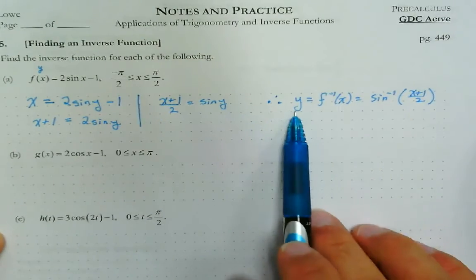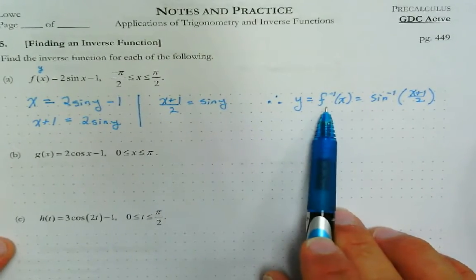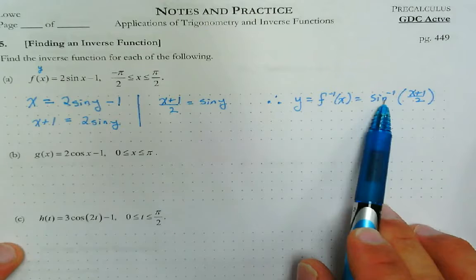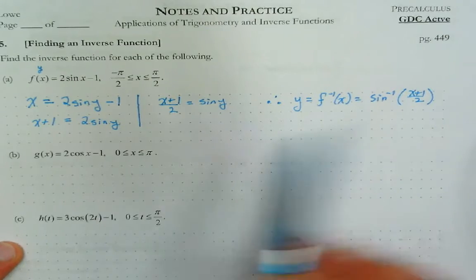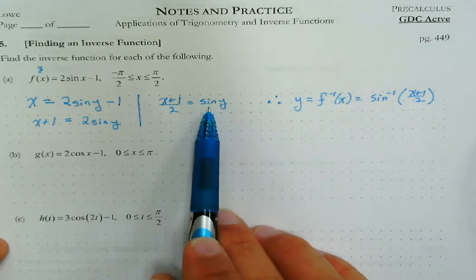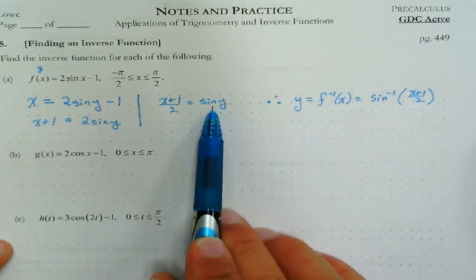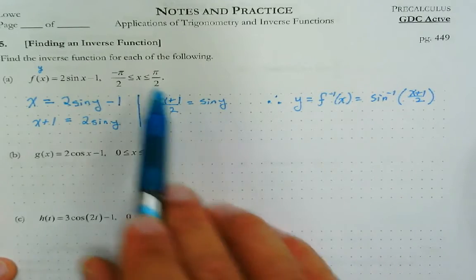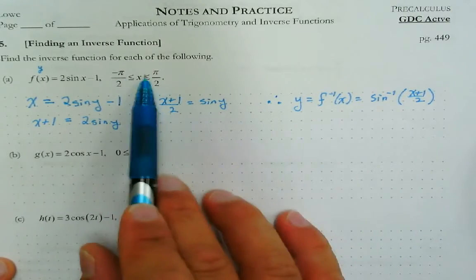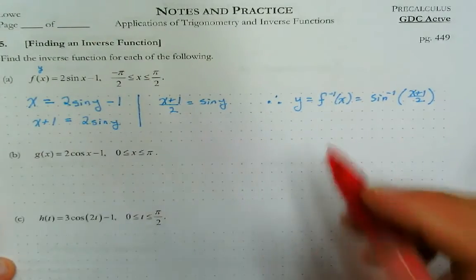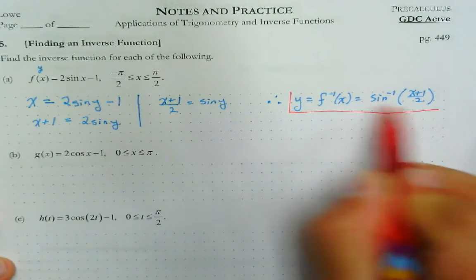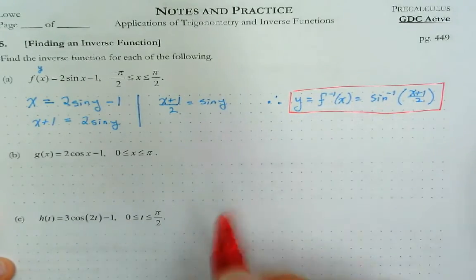And that is that y, the inverse function, is going to be the inverse sine of x plus 1 over 2. Because I can undo this function using the inverse sine. And notice that I've had this restricted domain, so I can do this directly. Okay, so there is my inverse function.